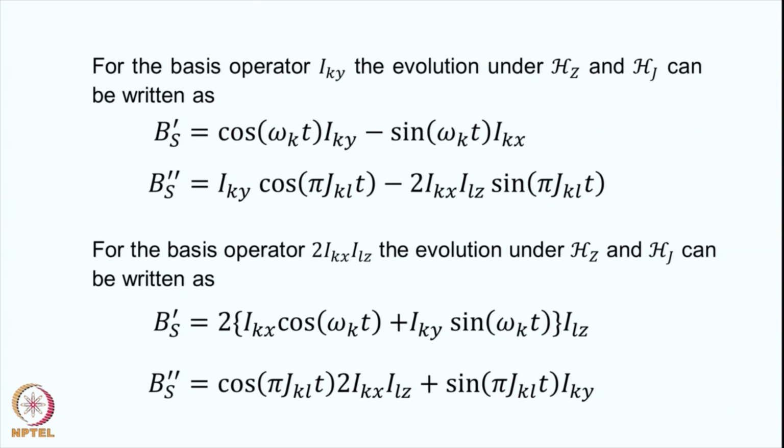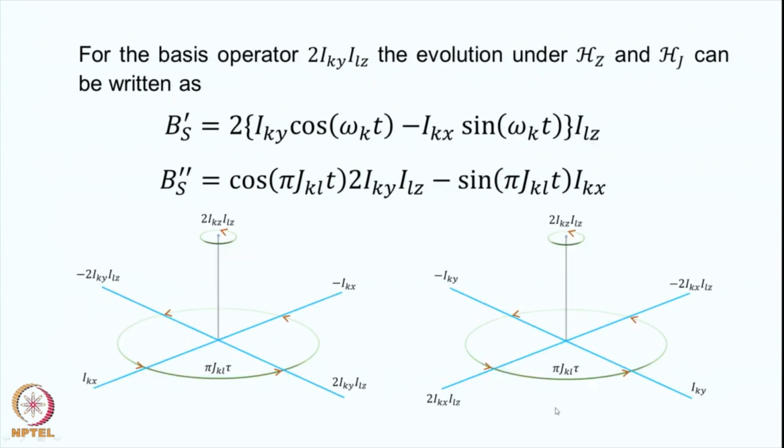The Hamiltonian here is Ikz Ilz, and the basis operator is 2 Ikx Ilz, and we have also another basis operator 2 Iky Ilz. So 2 Ikz Ilz, 2 Ikx Ilz and 2 Iky Ilz somehow form a kind of a group, and similarly for the Ikx as well. This can be represented in a pictorial manner like this.